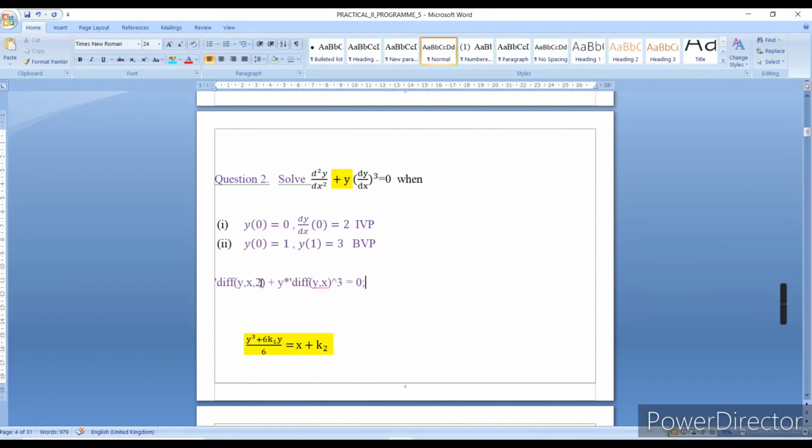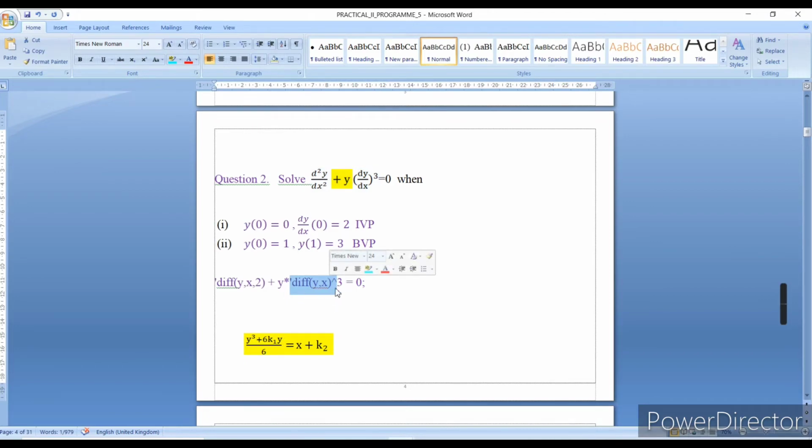This 2 indicates that you want to differentiate y two times with respect to x. The single quote is the symbol to write dy by dx, and then the power of this dy by dx, in this format.